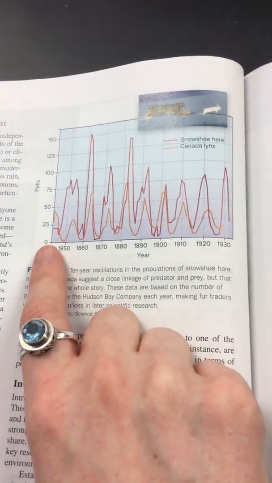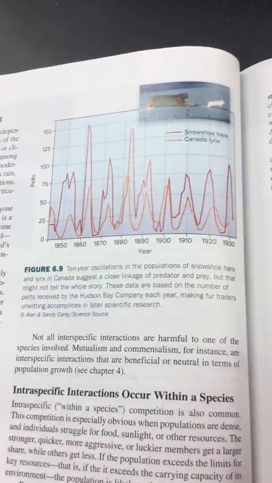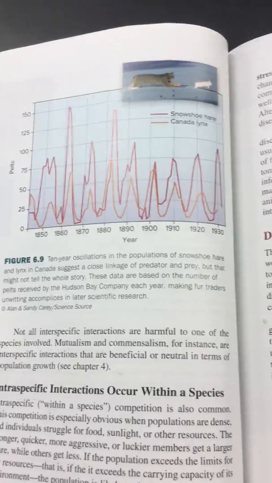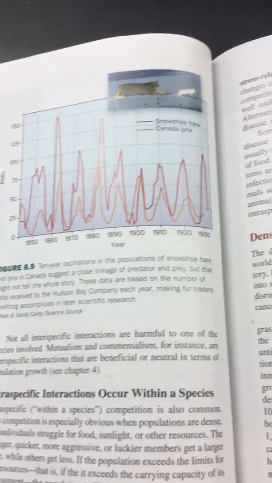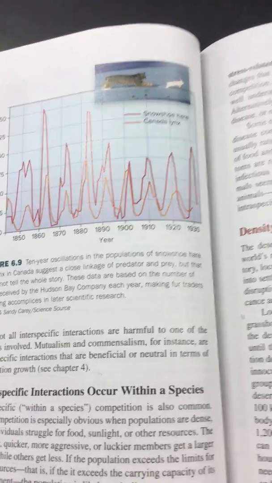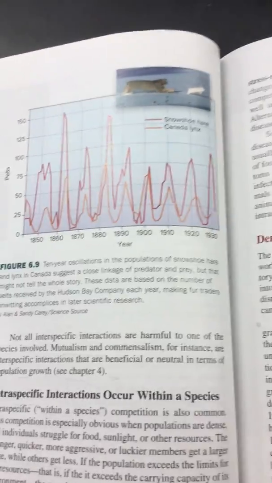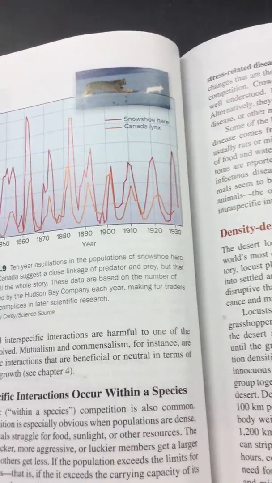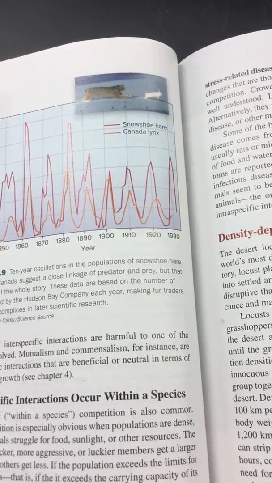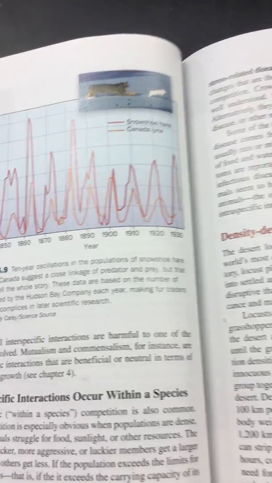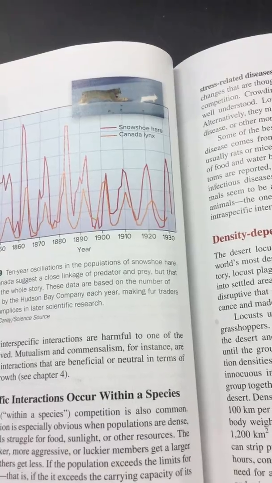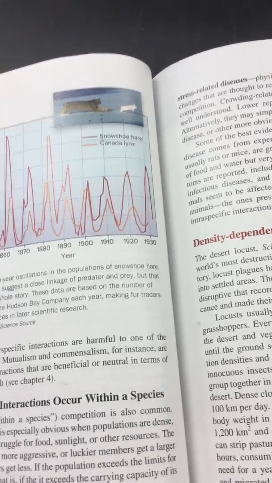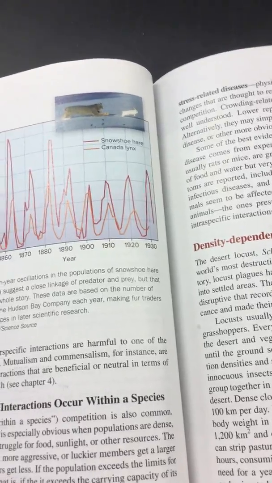So when we're looking at this, it's showing how populations of hares versus lynx have oscillated back and forth. Because when you have a predator hunting a specific prey, lynx hunt hares, the lynx population will get really high, and then a year or a couple years after that, because there are so many lynx, they hunt all the rabbits.